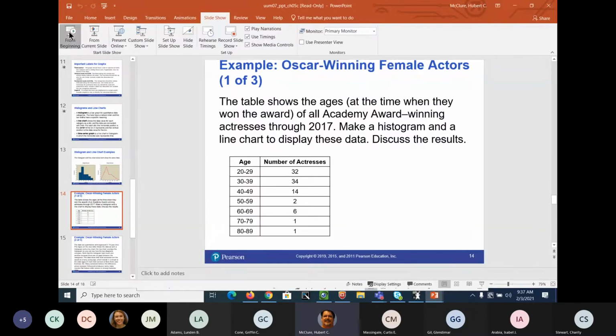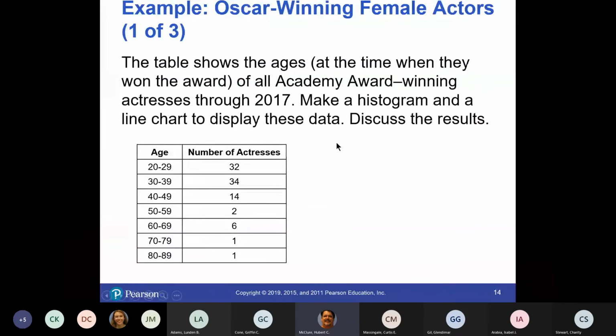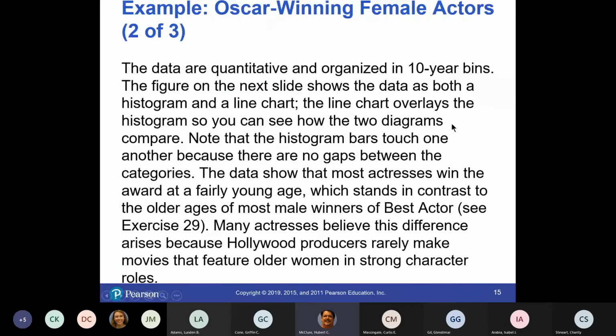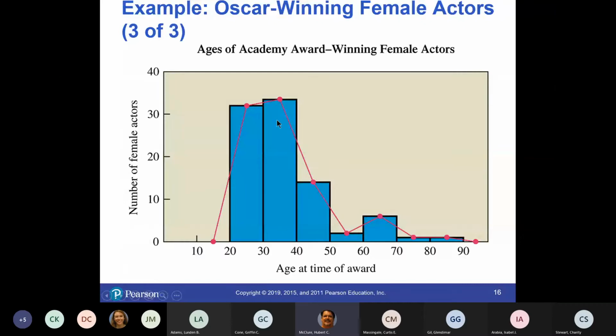There we go. And I'm not going to go through this because they're just drawing a chart and then asking you to do a line chart. And I'm going to show you how to do this on your handy dandy Excel spreadsheet. I'll also show you how to do it on your calculator if you don't know.